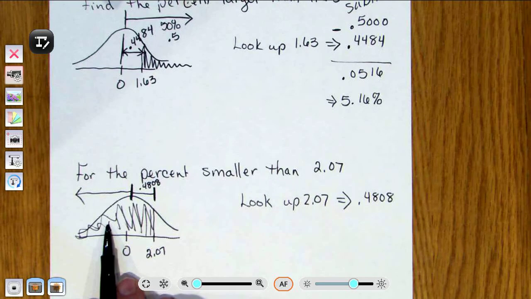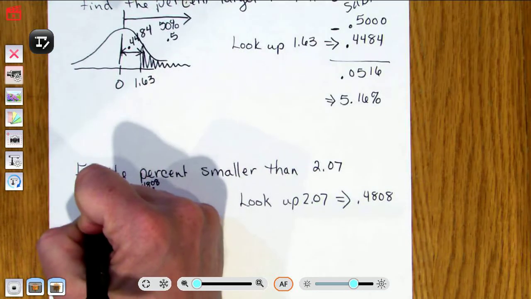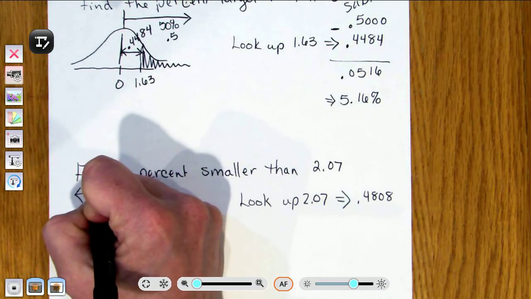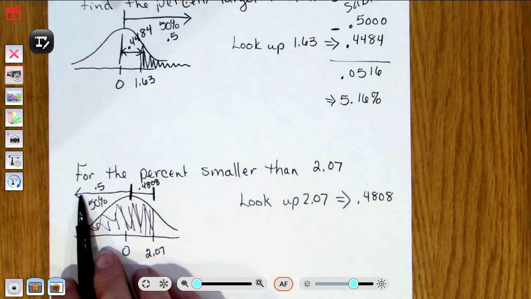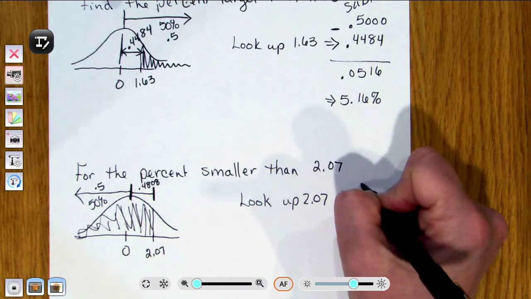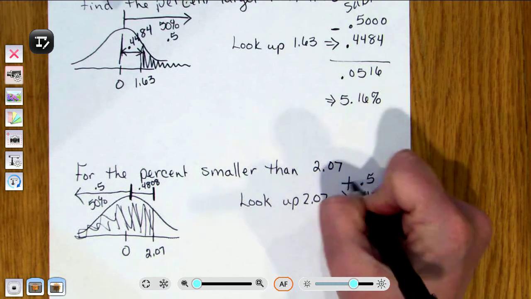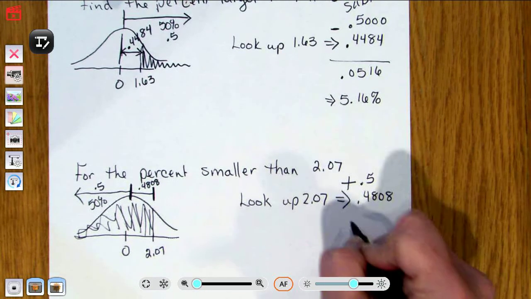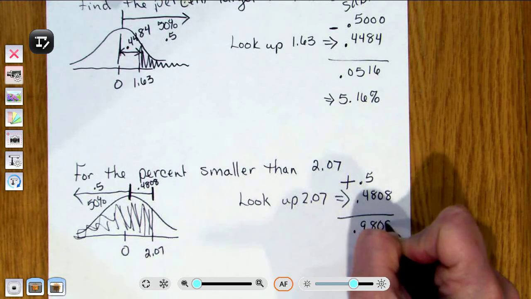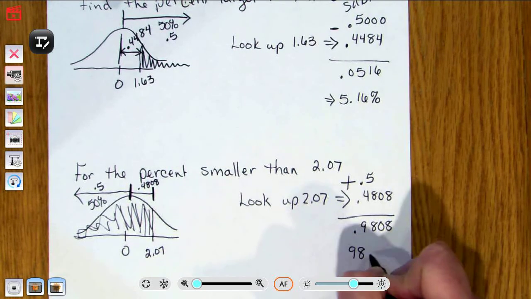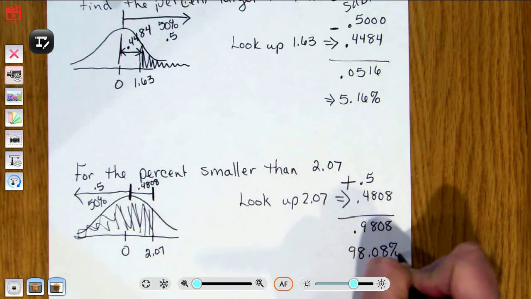This is half. Half is 50%, or 0.5. So I need to take this guy and bring in this guy with him. So that means I will take those two and I will add them together this time. And that's 0.9808, or 98.08%.